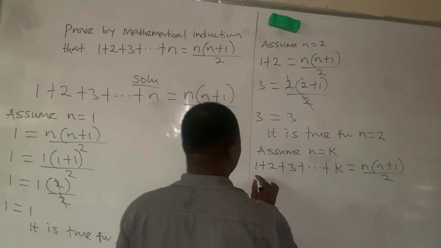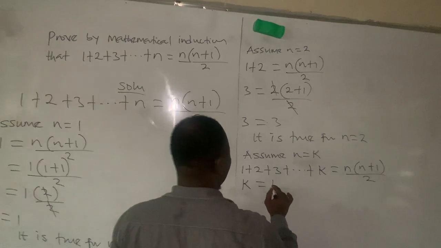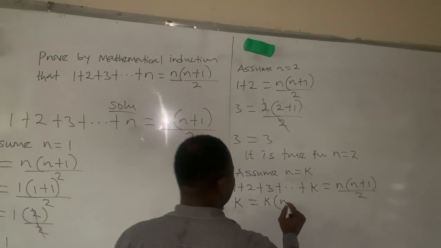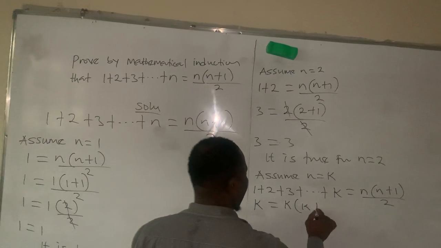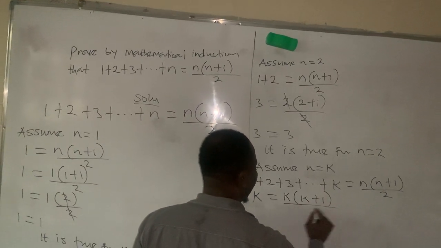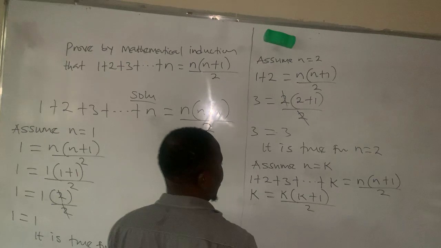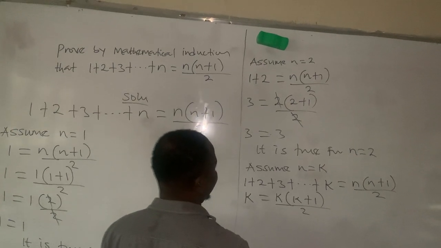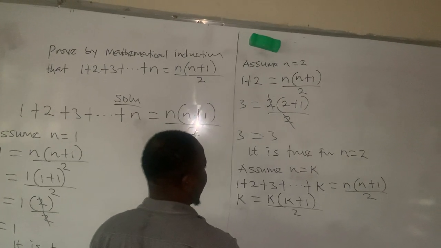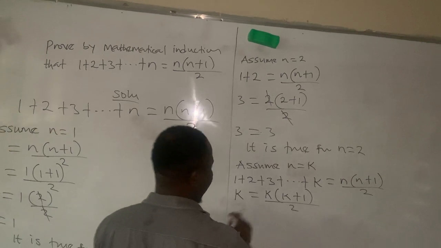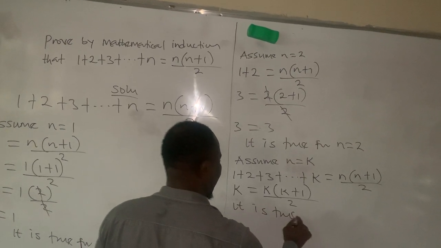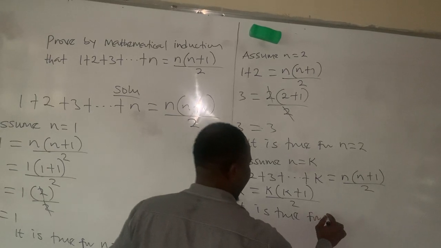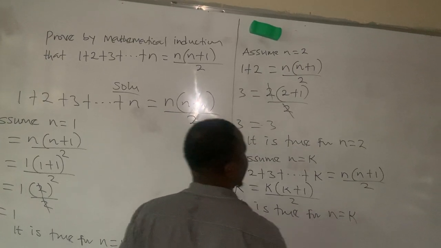So it implies that k is equal to k(k + 1)/2, anywhere you see n, you write k. It is not necessary that you prove for k. We conclude by saying that it is also true for n equals k.